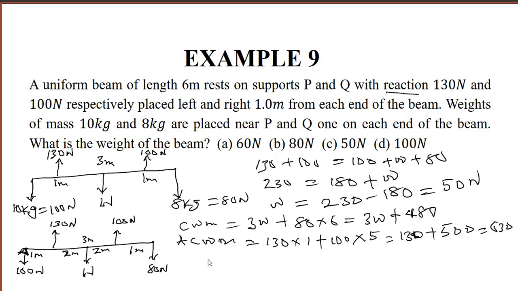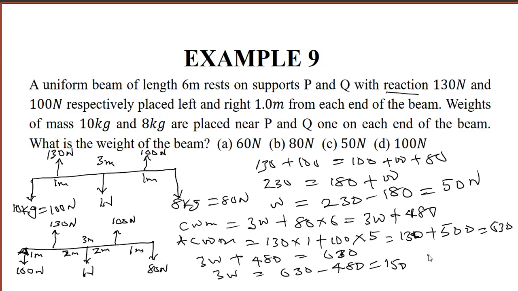Alright, so let's equate. 3W, that's clockwise moment, equals anti-clockwise moment, is equal to 630. So 3W is equal to 630 minus 480. 630 minus 480 gives me 150.